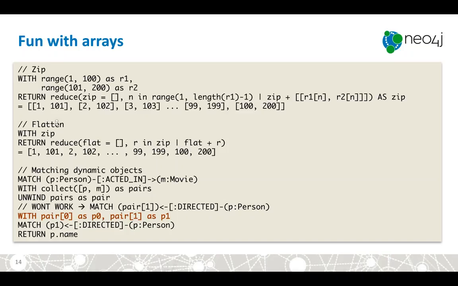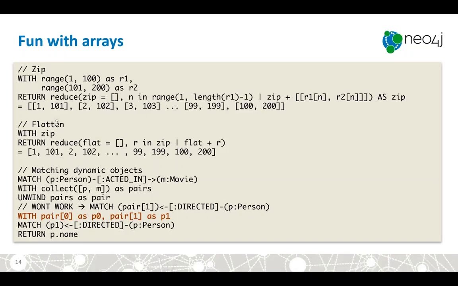So this reduction here that we're doing is combining these results of the earlier arrays into a zipped array, which is a nested structure, where we're able to create an array of arrays.